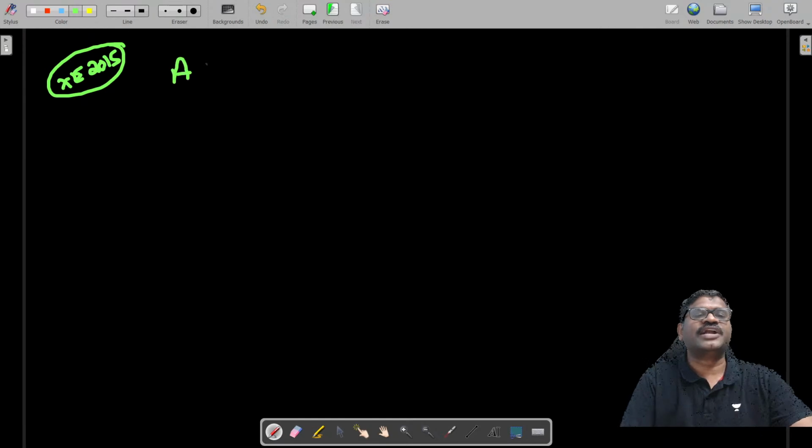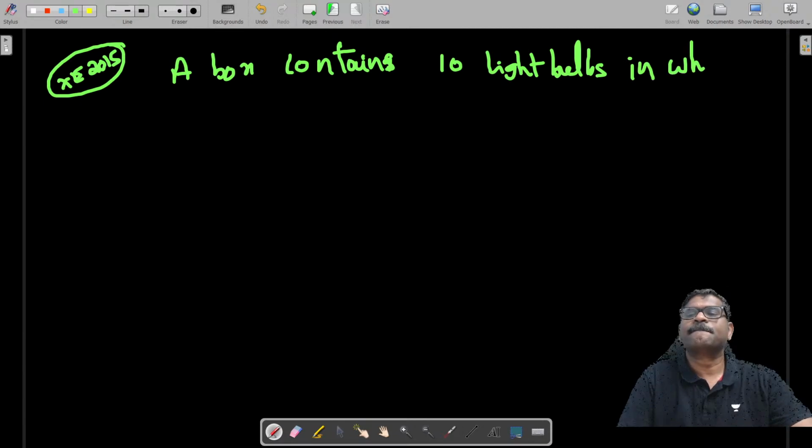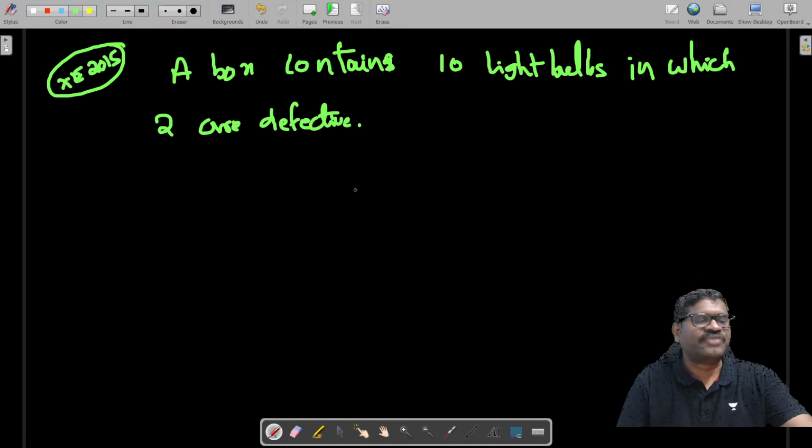A box contains 10 light bulbs in which 2 are defective. So 8 are non-defective.